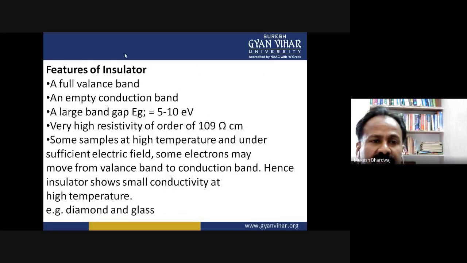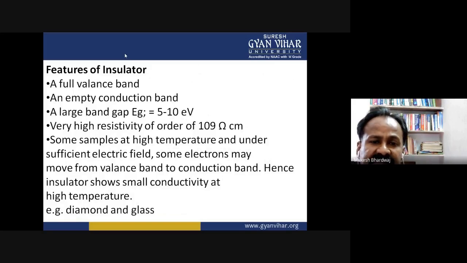Features of an insulator: a full valence band, an empty conduction band, and band gap energy of 5 to 10 electron volts. So this much energy is required for moving an electron from the valence band to the conduction band to take part in conduction.